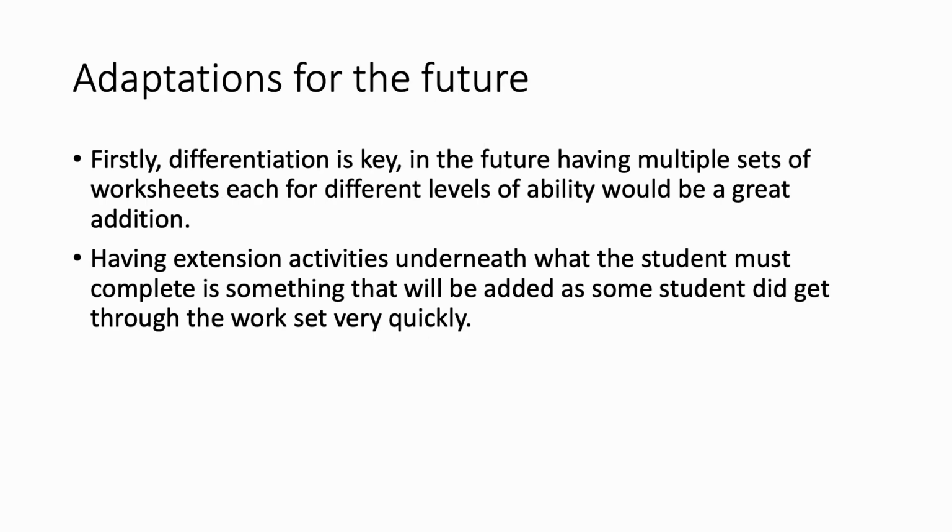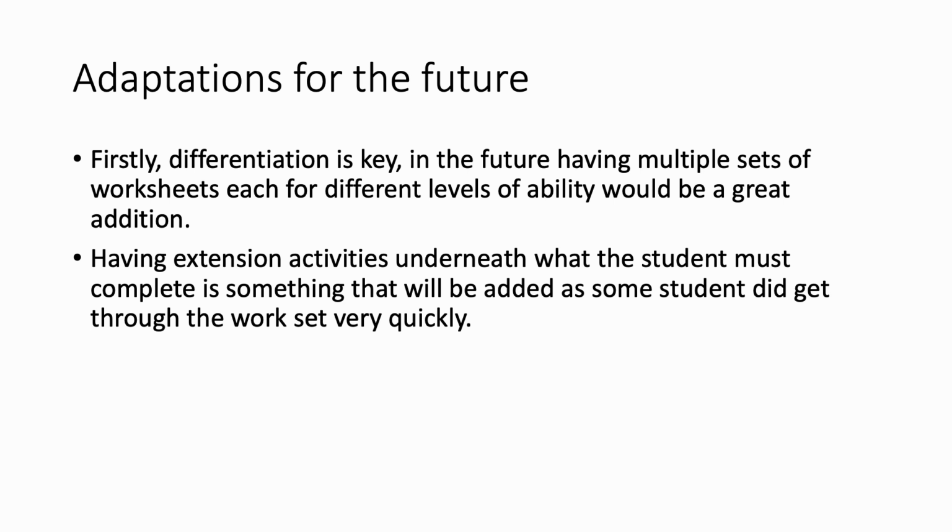And then adaptations for the future. Firstly, I think differentiation is key. So in the future, having multiple sets of the worksheet for each different level of ability would be great, so that if someone doesn't get one thing, they can do something else rather than being stuck on one thing for the whole lesson.